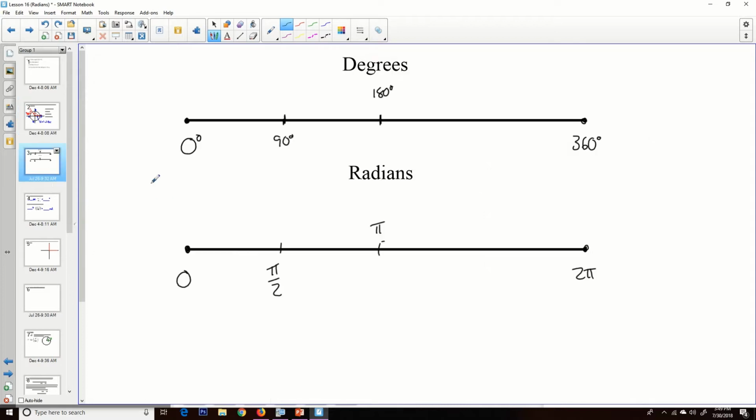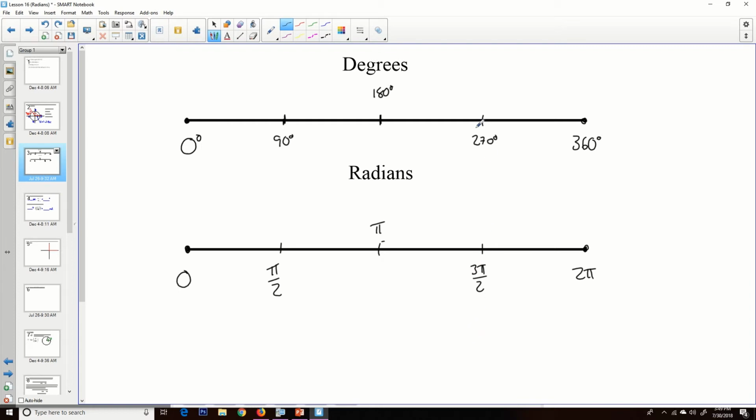I'm not going to do all of them here, just enough to get us started, but halfway between 180 and 360 is 270. And halfway between pi and 2 pi is 3 pi over 2. We're going to talk about counting in terms of pi in a little bit.